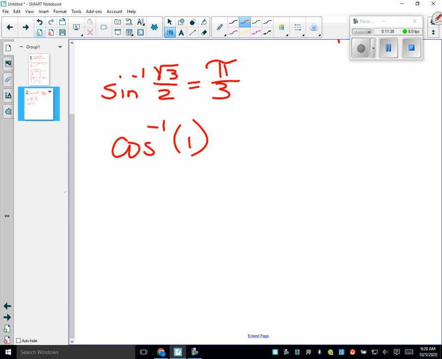Cosine is x over r, so x is 1, r is 1, y is 0. Where is that? Right there? Okay. What is this?